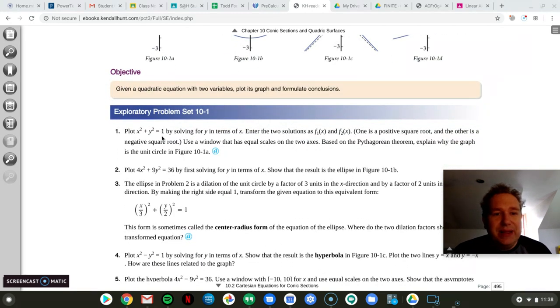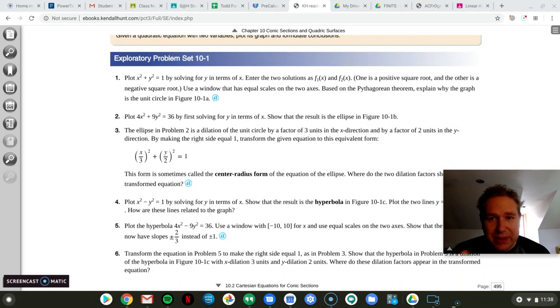So see if you can get the two equations from number 1 and the two equations from number 2 in your calculator. When you can see that you have those, I'd like you to try problem 3. This is the same equation as number 2.